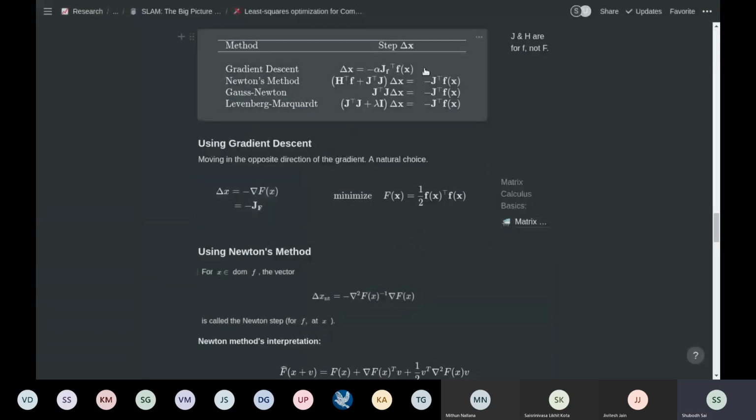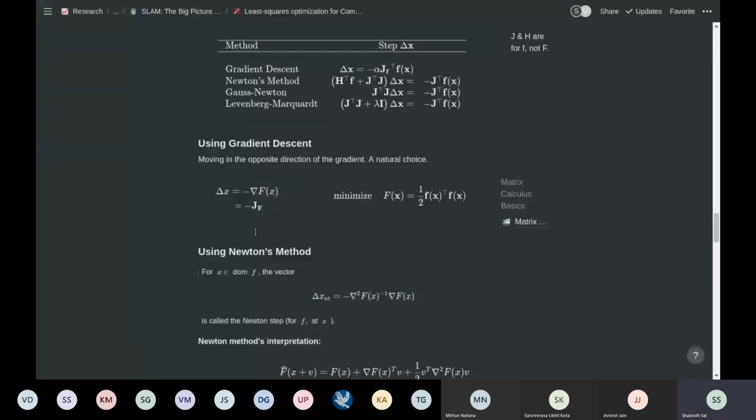So similarly, if you understand that, you can take derivative of this thing again. So what is Hessian? Hessian of capital F would be a derivative of Jacobian of capital F. But we just saw that Jacobian of capital F is nothing but Jacobian of small f into f of x.